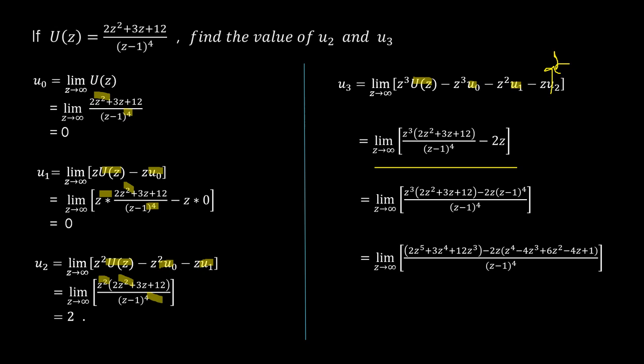Cancel 2 into z to the power 5 and take z to the power 4 outside and then apply the limit. You will get the value of u3 and is equal to 11.